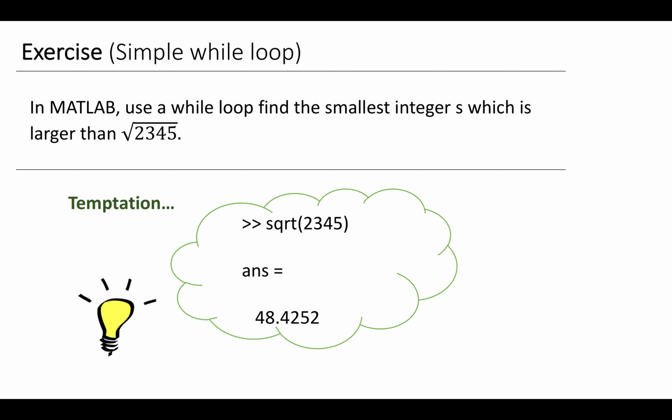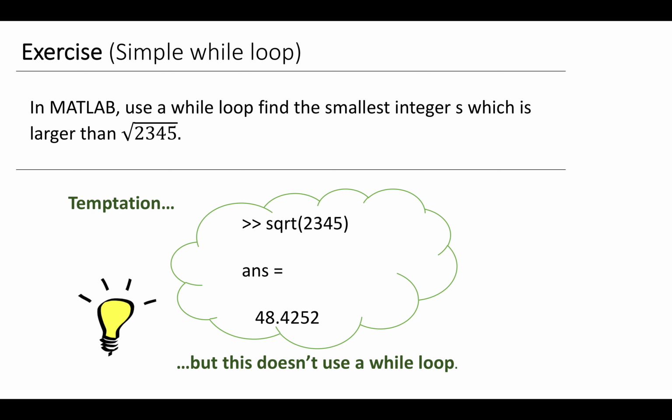So we know the answer is 49, or the square root is between 48 and 49. That's not the point. We're looking to build up some ideas here. The question also says use a while loop, so we have to do a bit better than that. We have the luxury of knowing the answer, but we haven't got there yet with the while loop.